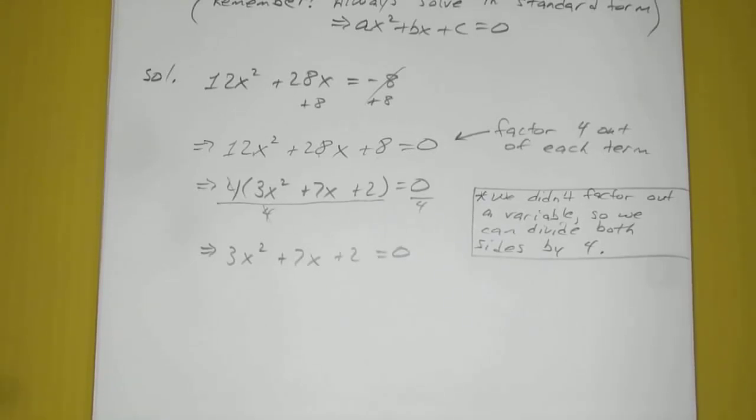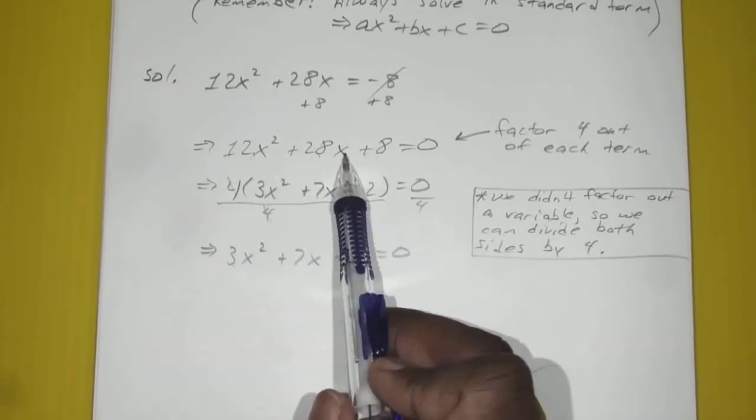Now if we factored out a 4x, we wouldn't be able to divide both sides by 4x. We could have still divided by 4 if we wanted to, but we didn't have to. So now it's a lot easier to use the A times C method here than it would be to use it up there.